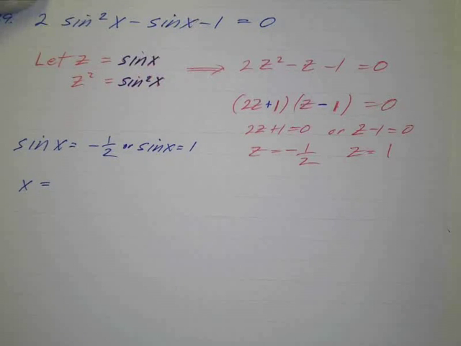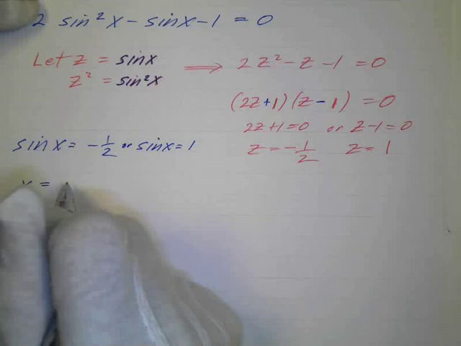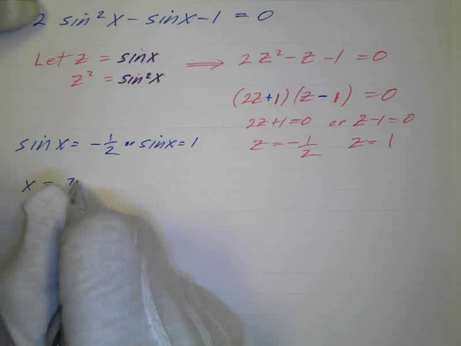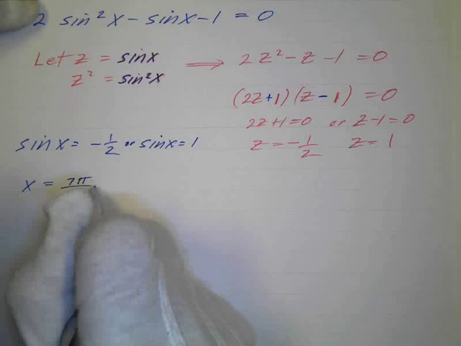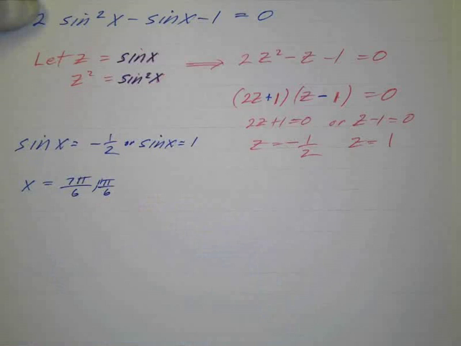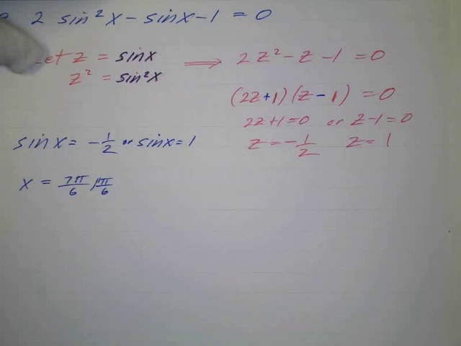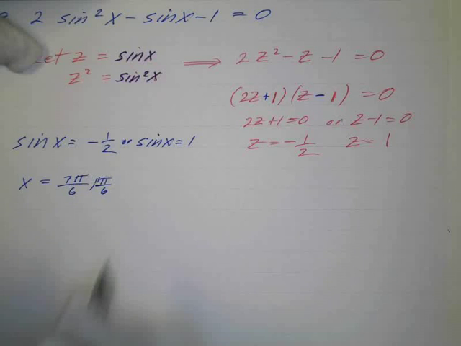That's not the first quadrant, or the second quadrant. Remember, all students take calculus. So it's going to be in the third and fourth quadrant. So that's going to be not pi over 6, but 7 pi over 6 and 11 pi over 6.